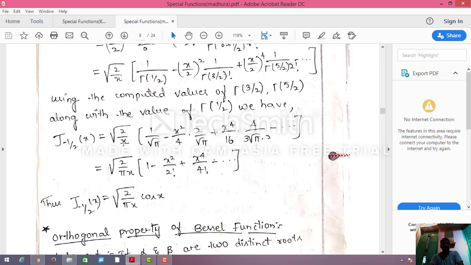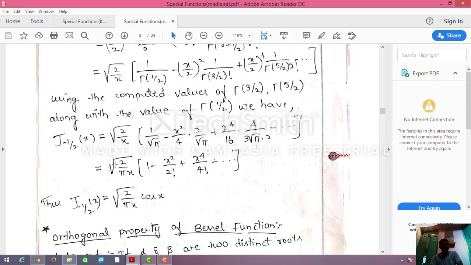If you substitute, you will get J_{−1/2}(x) equal to square root of 2 by x, 1 by root pi, x² by 4. Gamma of 3/2 is nothing but 2 by root pi, plus x⁴ by 16. Gamma of 5/2 is nothing but, if you write in reciprocal, you will get 4 divided by 3 root pi, into 2 factorial is 2. Now, in this one, I'll take only root pi outside.